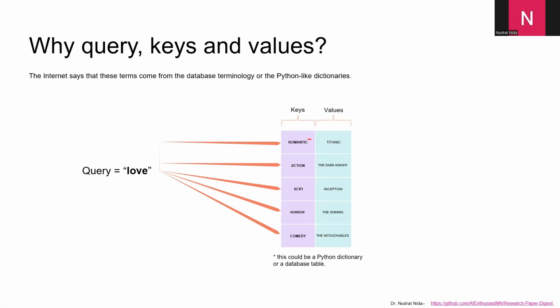Romantic is one category, action is another, then science fiction, horror, and comedy, and we assign classes: Titanic is a romantic movie, The Dark Knight is an action movie, Inception is science fiction, horror is The Shining, and comedy is Intouchables.